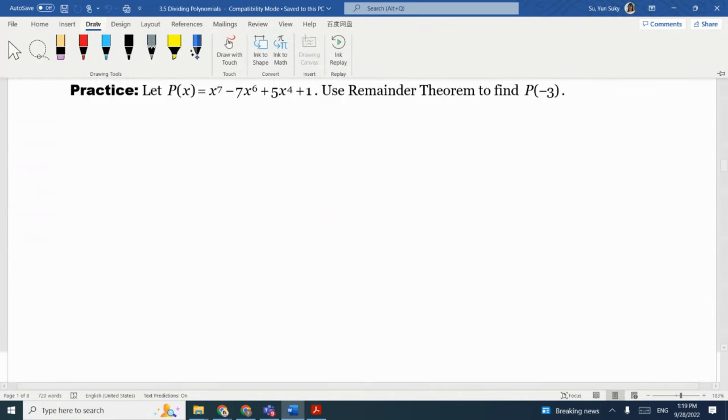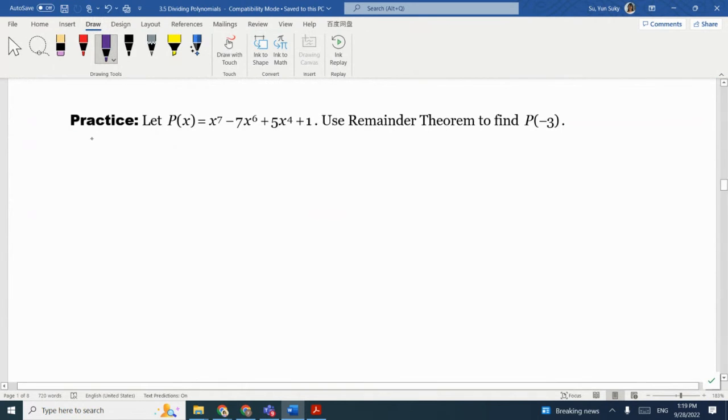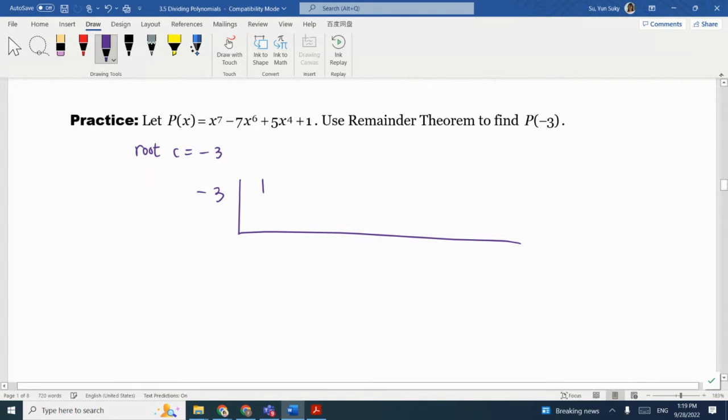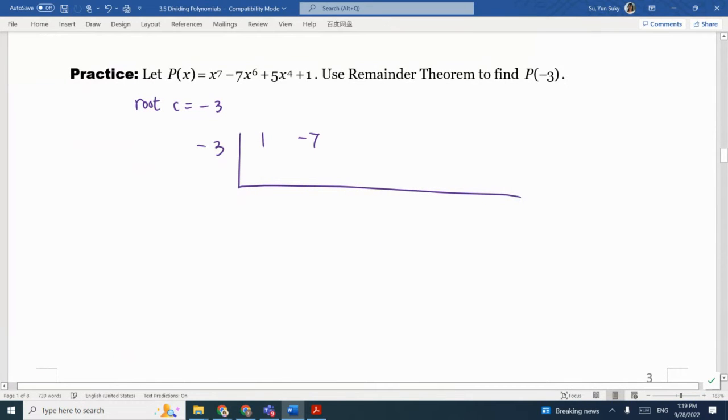All right, so we want to find p of -3. So the root is -3, right? So we put -3 right here. And what are the coefficients? What's the first one? 1, and then -7, and then 0 because no x to the fifth, and then 5, and then 0, 0, 1.